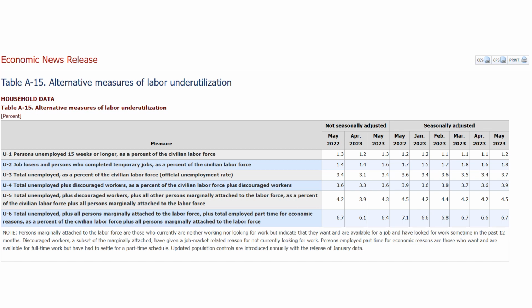It also picks up the underutilization piece of it, and some of this is subjective, but those are people that are marginally attached to the labor force, people that are underemployed, like someone that has a PhD that's working in a fast food restaurant, for example. At any rate, hopefully you get the idea.